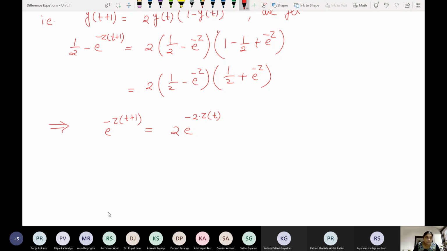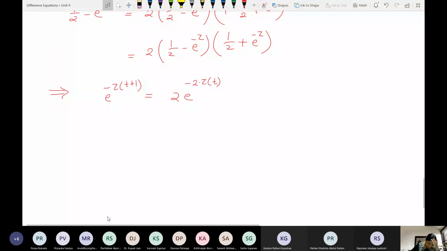Okay, so the constant terms will get cancelled and only e raised to minus z of t plus 1 is equal to 2 times e raised to minus 2 times z of t will remain. Okay, check this. Are you getting this?